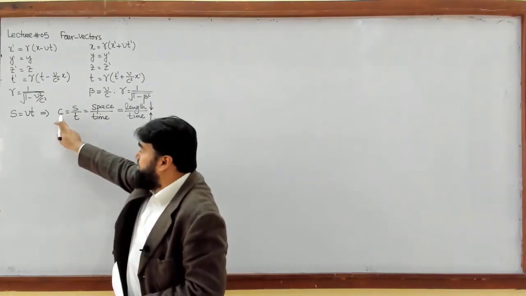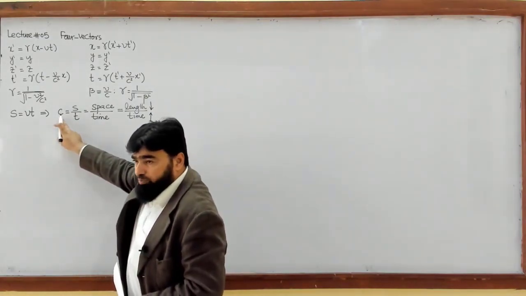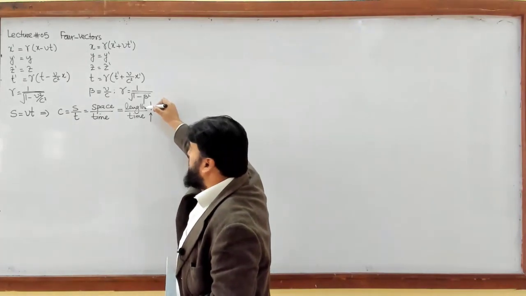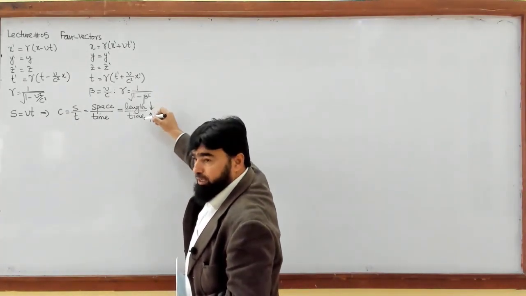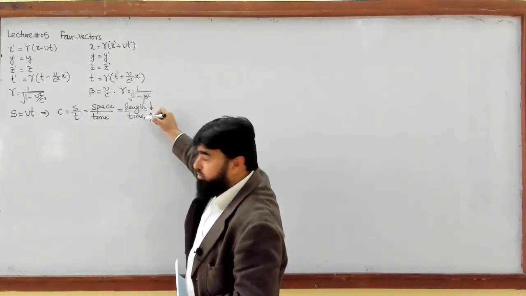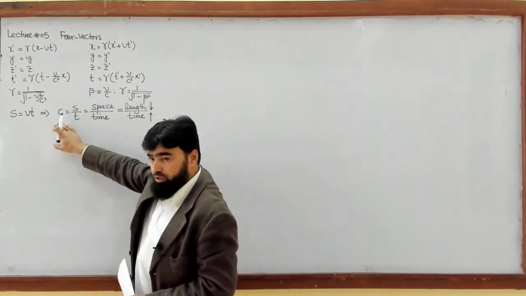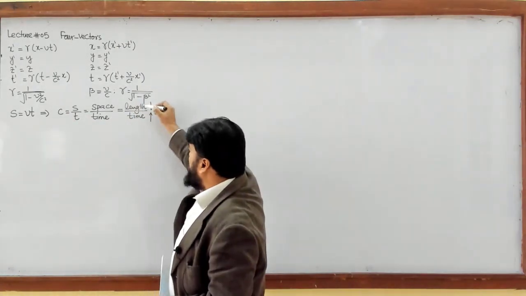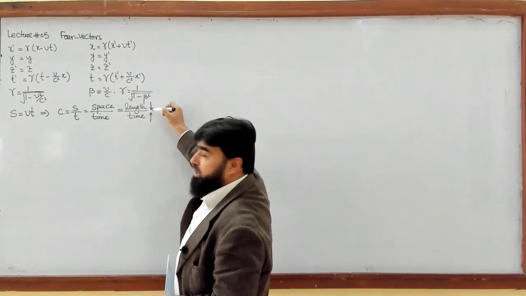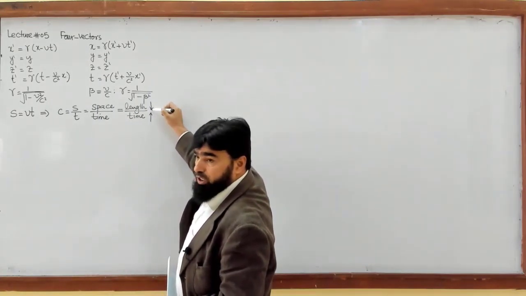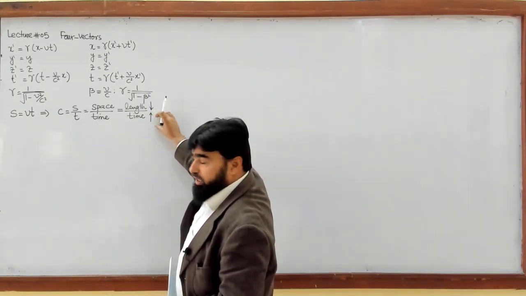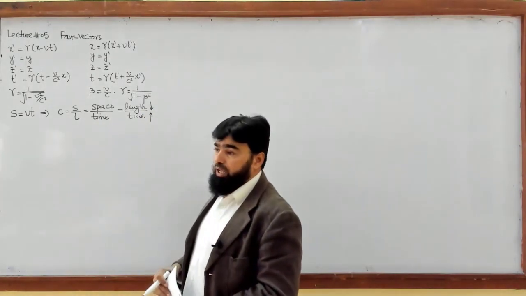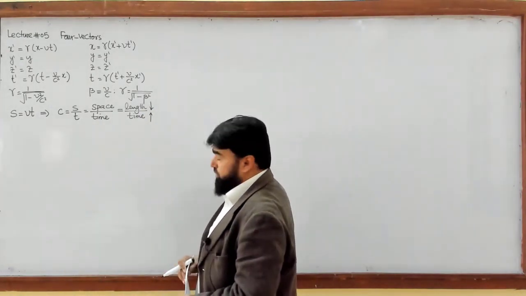So how can this be constant then? If, for example, length was shrinking and time was shrinking as well, then C may remain constant. But this one is contracting and this one is dilating, increasing. So then how can C remain constant?